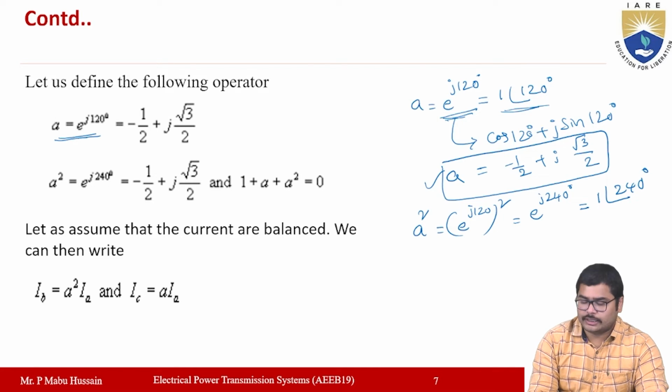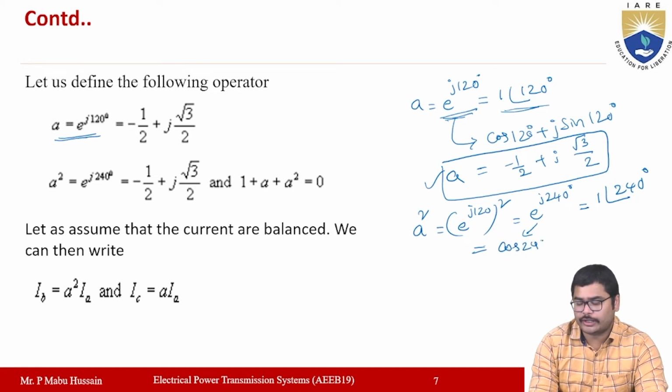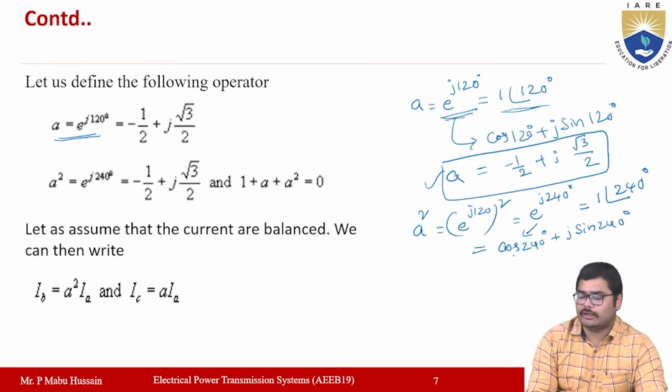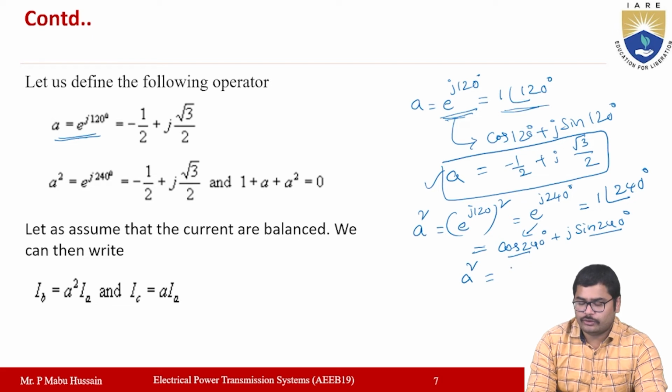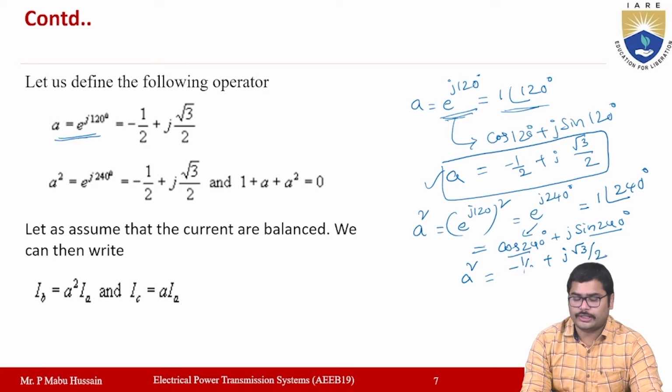Now if you expand this e power j 240 degrees, this value is equal to cos 240 degrees plus j sin 240 degrees. Now if you calculate these values, cos 240 degrees and sin 240 degrees, then the value of A square will be equal to minus 1 by 2 plus j root 3 by 2, you are getting.